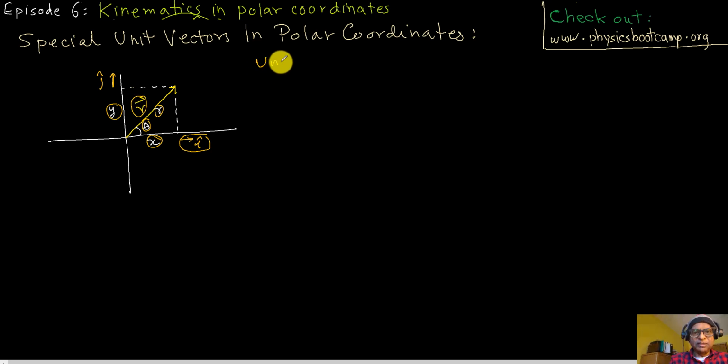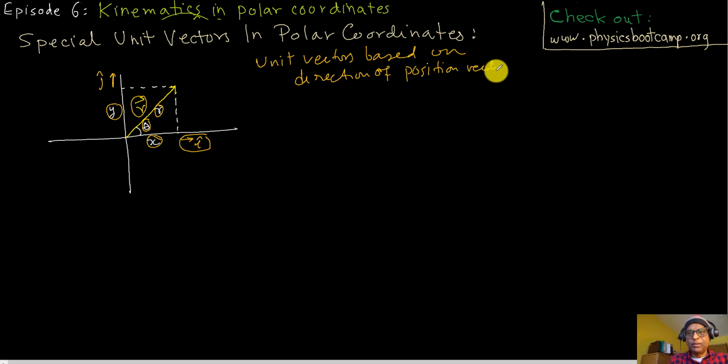So these are unit vectors based on the direction of position vector r. We imagine that from O, where the object is, this is the position vector, and there is a unit vector in that direction. Because it's going in the r direction, we label it r hat, just like i hat.